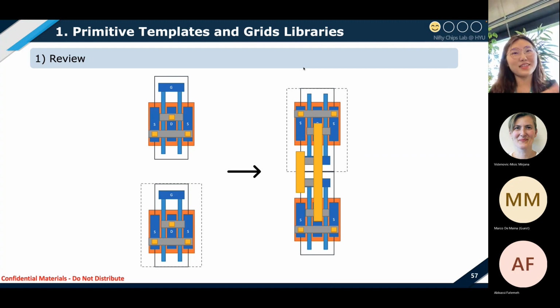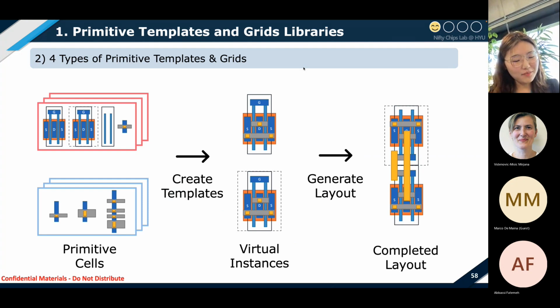Now we have a question. Where did the NMOS and PMOS templates come from? What about routing grids? From now on, I give you the answer about these things. NMOS and PMOS are virtual instances, which are generated by combining primitive templates and grid cells from a YAML file.